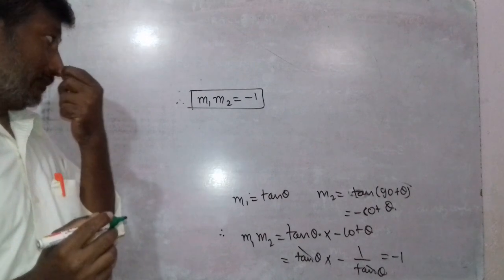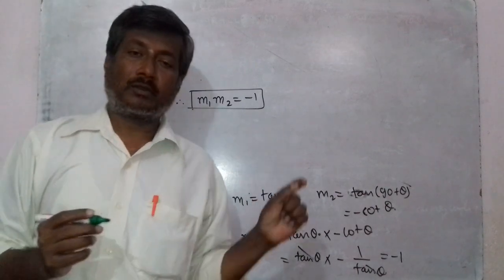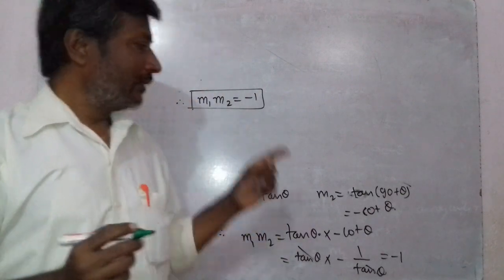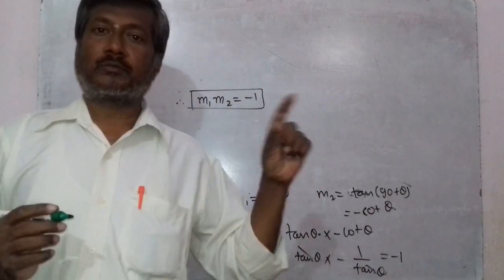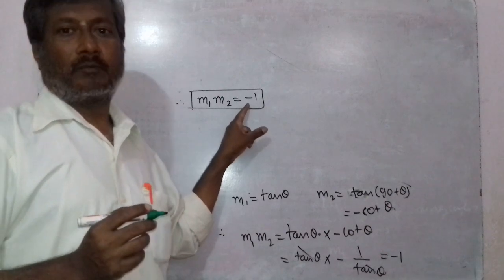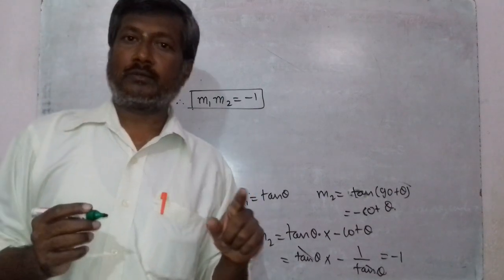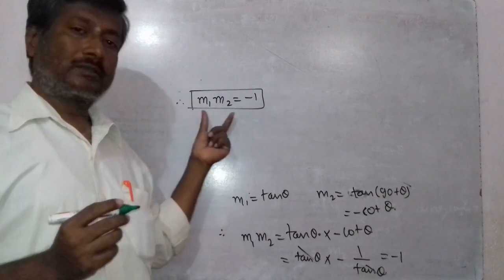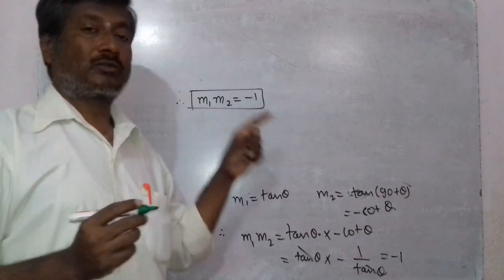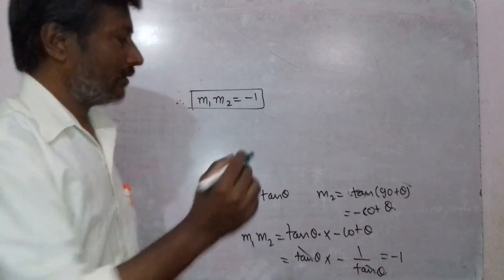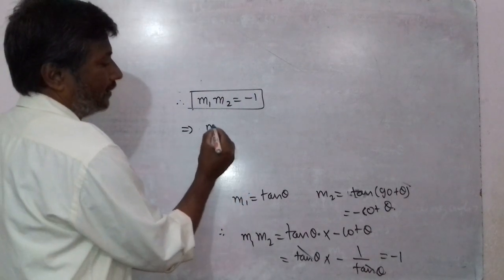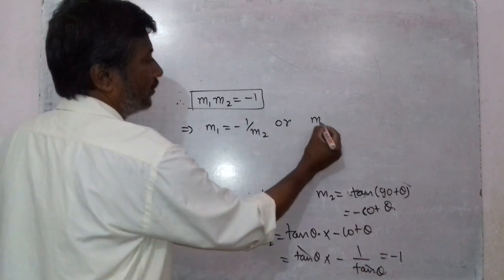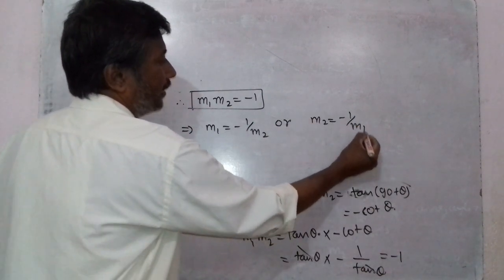This is the condition for perpendicularity. If two lines are perpendicular, then the product of the slopes of those two lines is equal to minus 1. So m1 equals minus 1 by m2, or m2 equals minus 1 by m1.